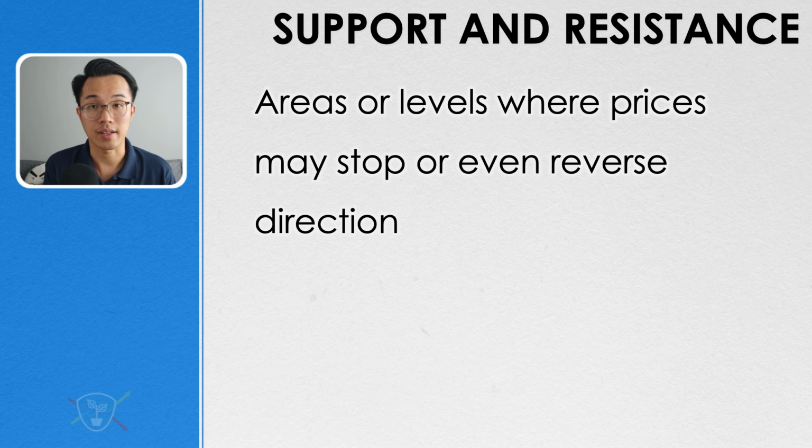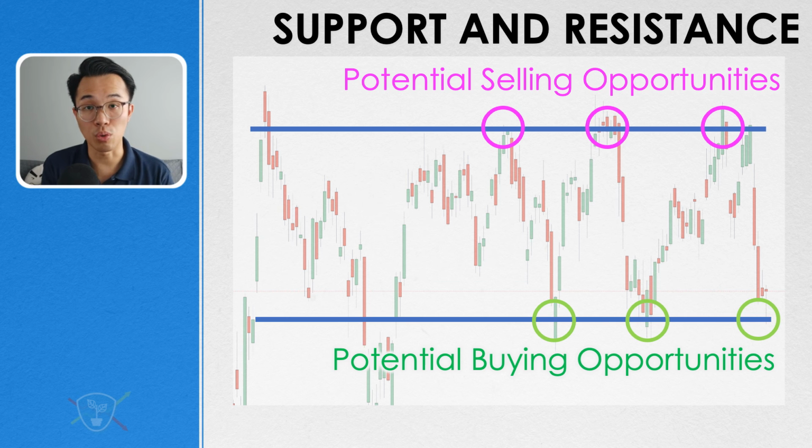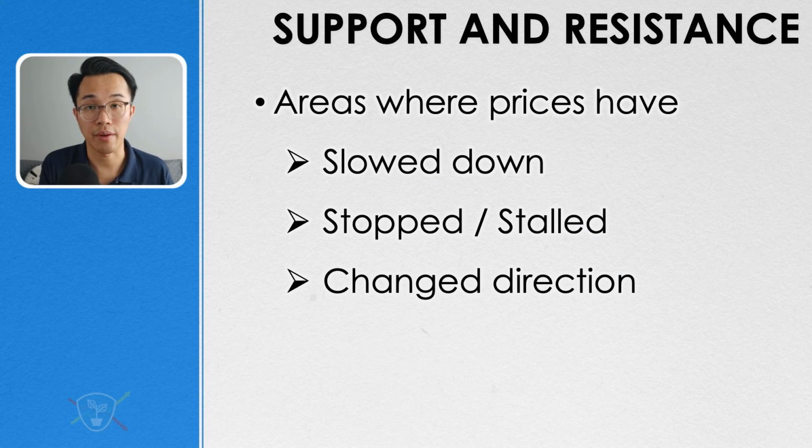So support and resistance, they are areas on a chart whereby prices might stop, get stuck, or they might even reverse in the opposite direction. Now we can use this as a tool to help us to identify areas of opportunities where we can look to buy low and sell high. How do we find them? Firstly, they are areas where the prices have changed direction in the past.